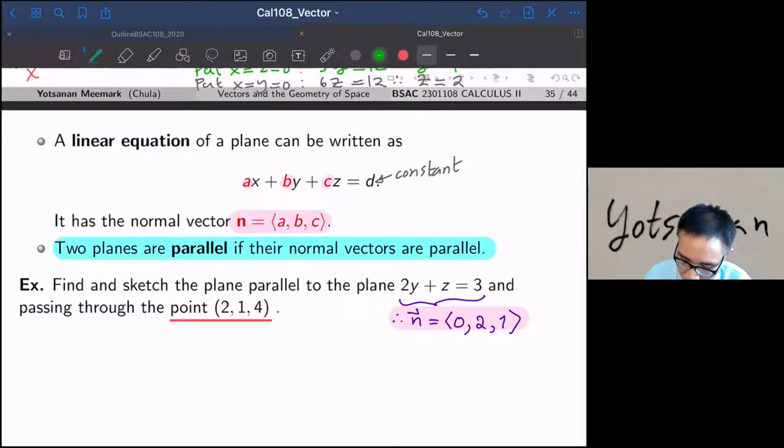It's going to be (0, 2, 1) dot (x minus 2, y minus 1, z minus 4) equal to 0.